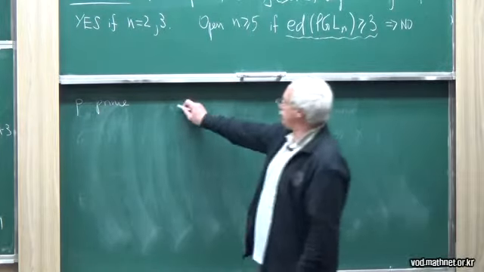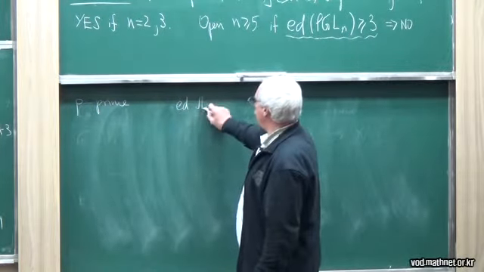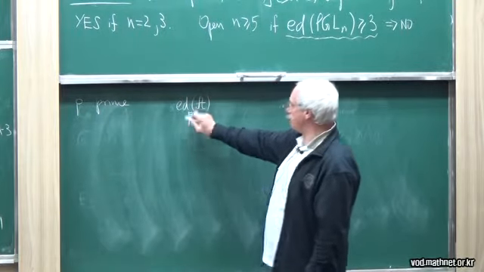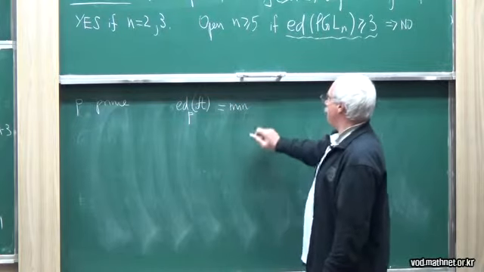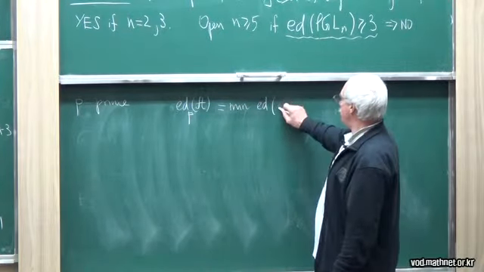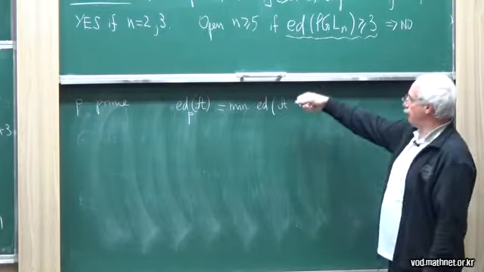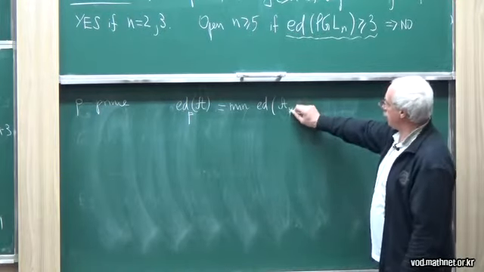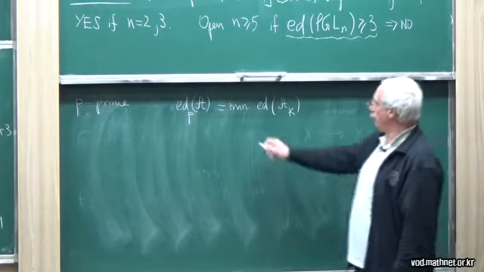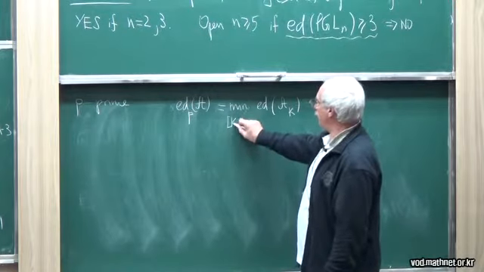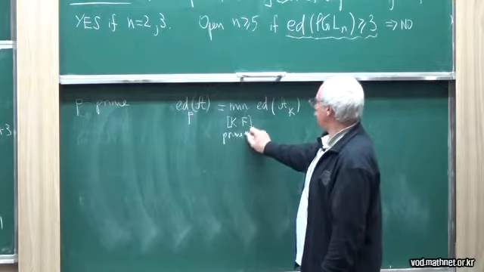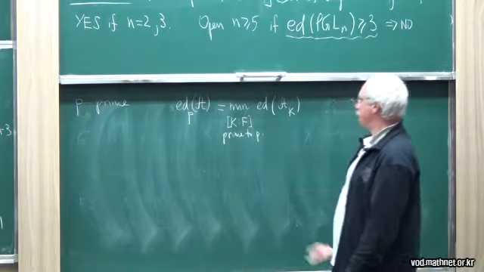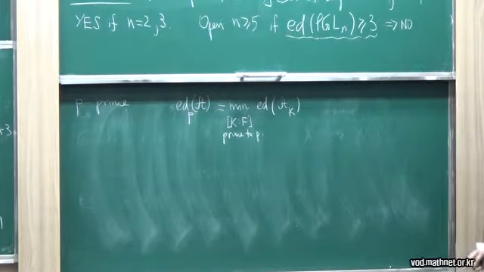We define the essential dimension of a structure A with respect to this p, or essential p dimension, as the minimum of the essential dimension of the class A, but considered over field extensions K over F, with the property that K over F is finite, and this number is prime to p. So in other words, we concentrate on just one prime p.